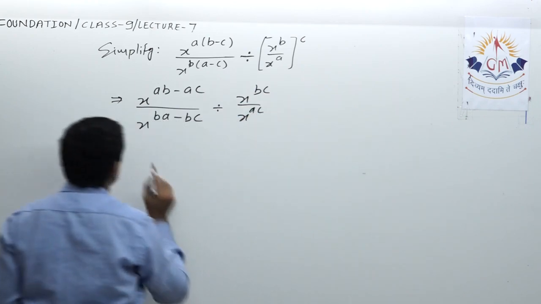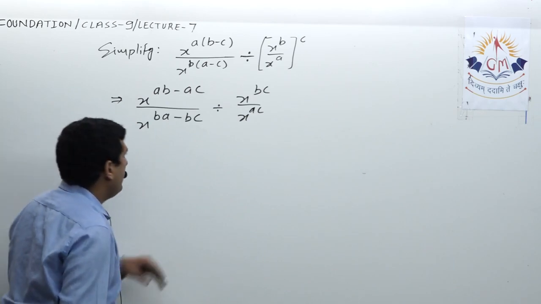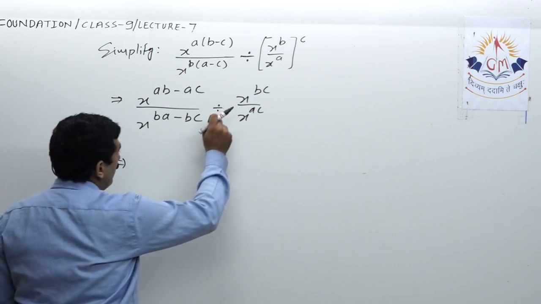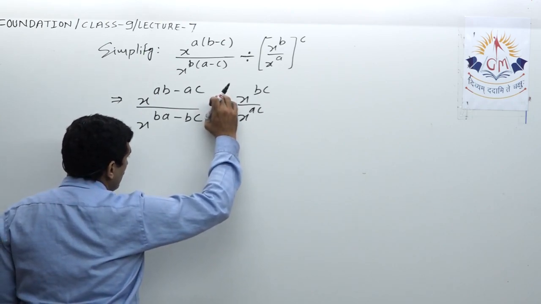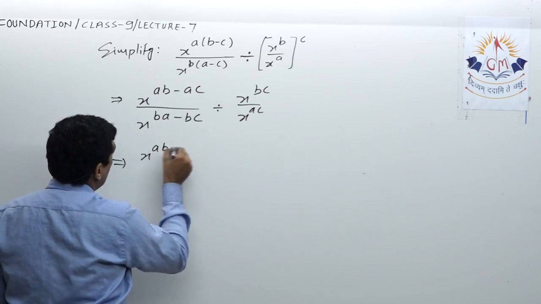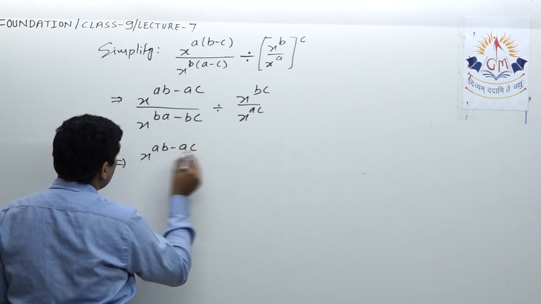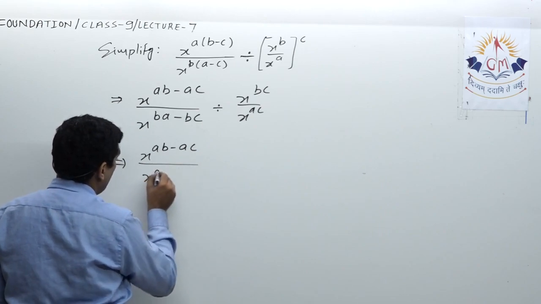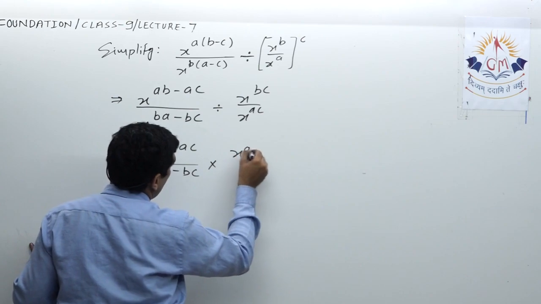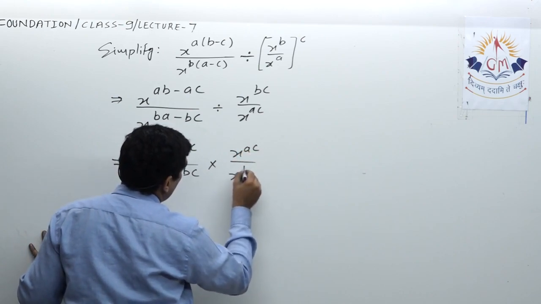Okay, so now there are so many different ways I can take this. Before that I will convert this division sign into multiplication. So here x raised to AB minus AC upon x raised to AB minus BC into x raised to AC upon x raised to BC.